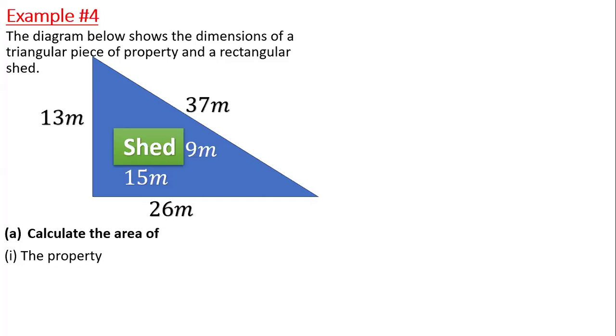Then you're going to find the area of the shed. Find the area of the triangle: base times height. Base times height divided by 2.